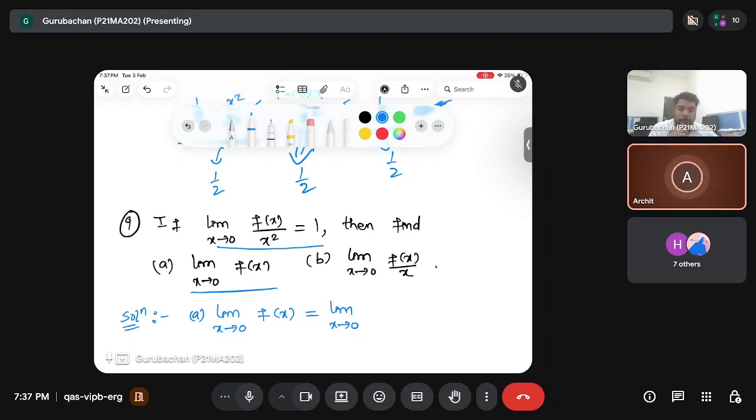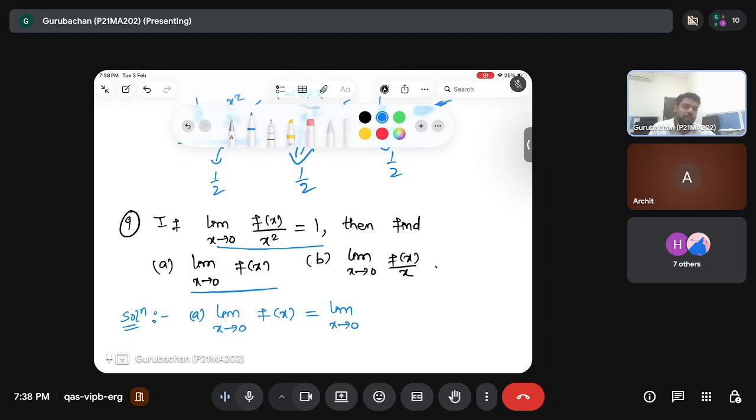Here we see that it is a form of fx upon gx, the limit is existing and gx is 0, so fx also should be 0 at that point for the limit to exist. So f of 0 is 0. A really smart way. Your answer is correct.